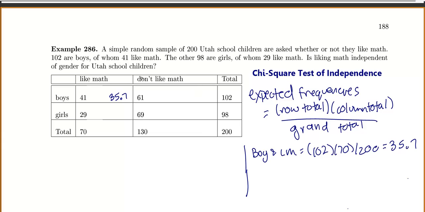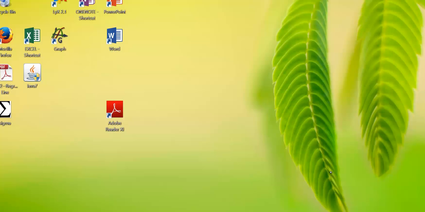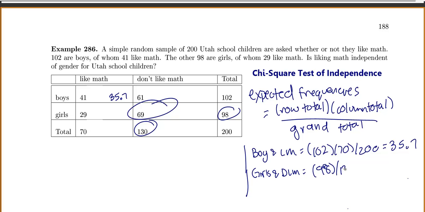And then let's do girls and don't like math. So that has a row total of 98, a column total of 130, so times 130 and divide by my grand total of 200.